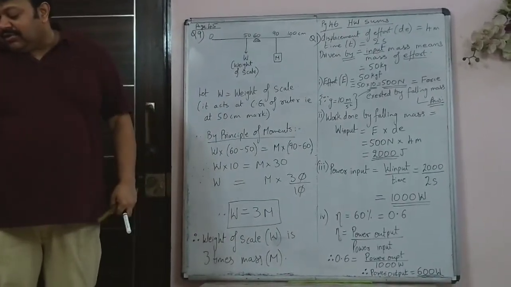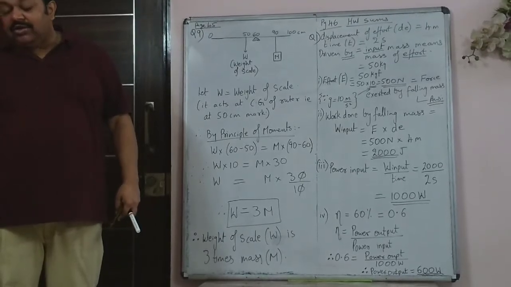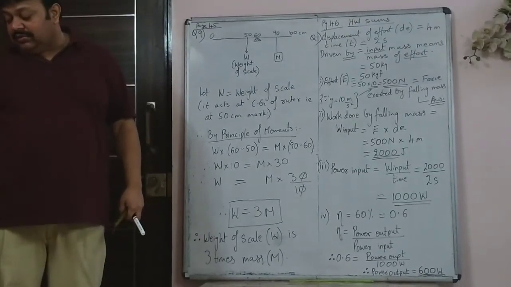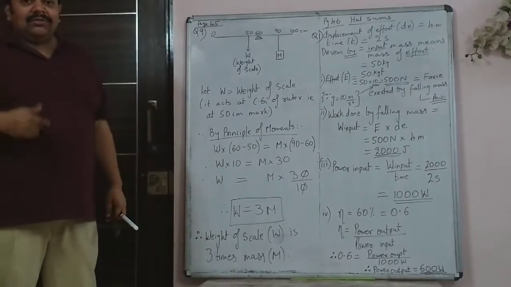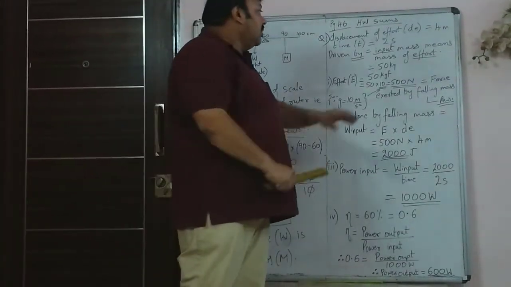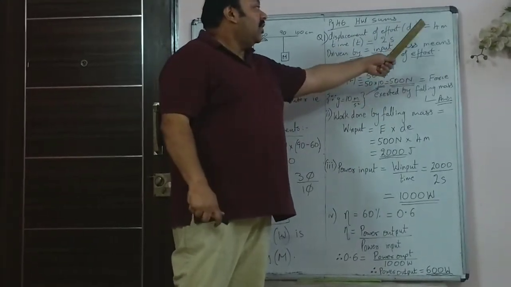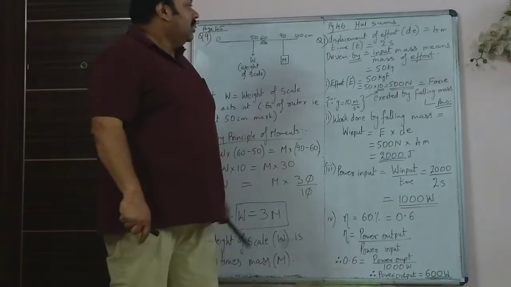A machine is driven by a 50 kg mass that falls 4 meters in 2 seconds. So driven by means that's the effort, the input to the machine, or the effort is 50 kg and it falls 4 meter in time 2 seconds.